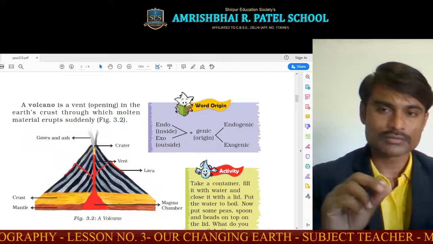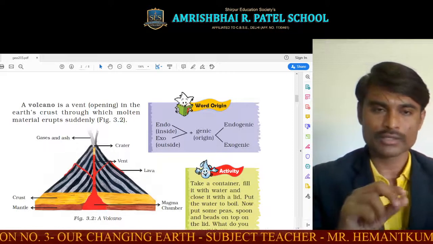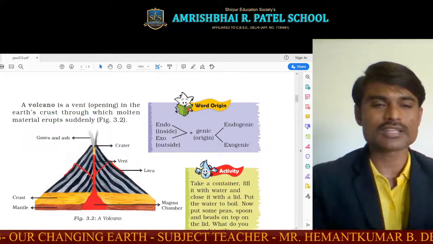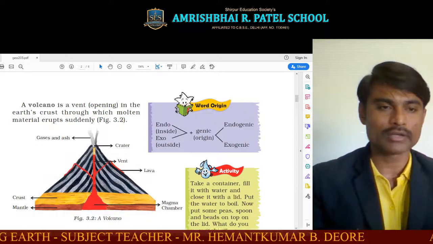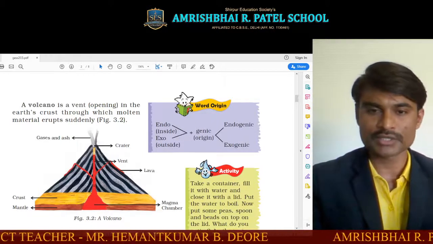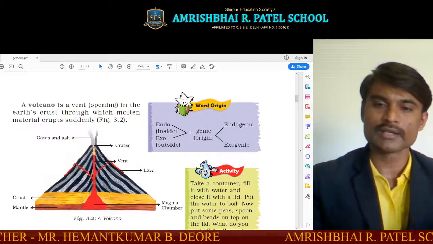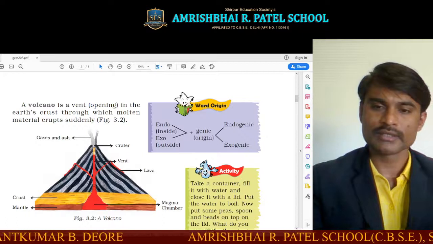Another one is the volcano. This is the image of a volcano you can see here. A volcano is a vent, an opening in the earth's crust through which material like molten magma is erupted suddenly. You can see this figure 3.2, a figure of a volcano. Down here you can see the mantle, then the magma chamber, then the crust.